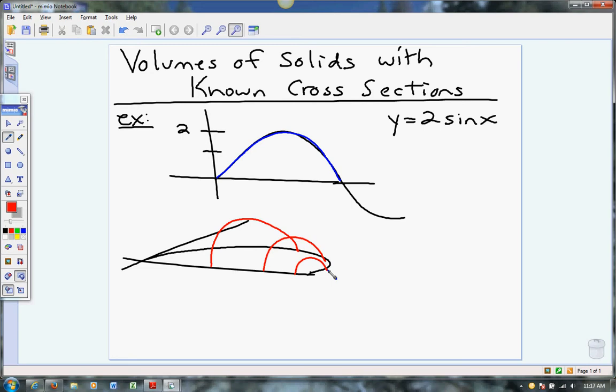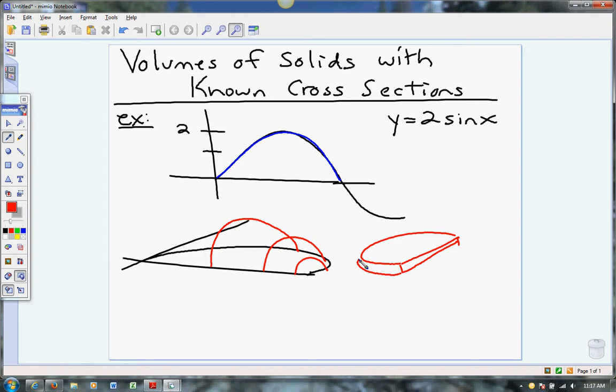When we're cutting this thing to add up all of our little volumes, we're slicing off, instead of a whole cylinder, half of a cylinder.